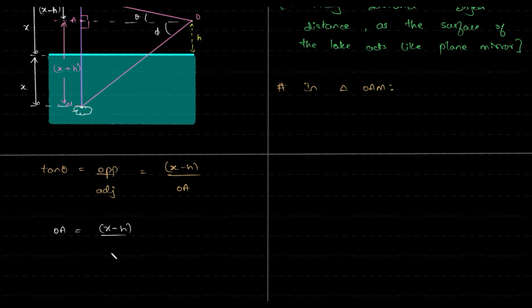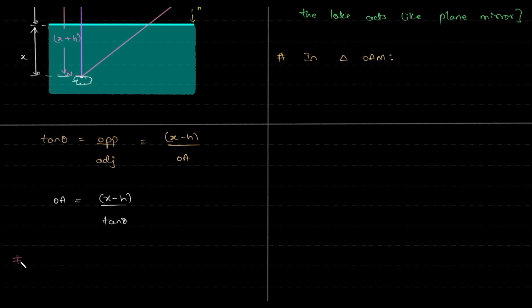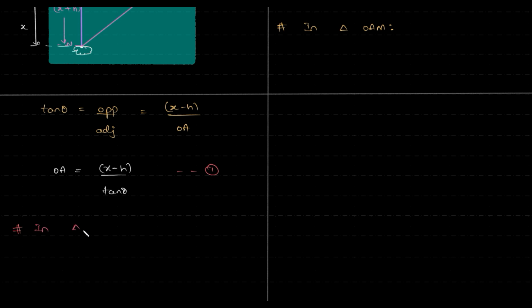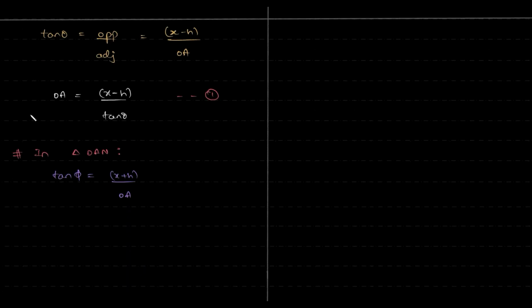So here I got OA. From the other triangle also I'll get an expression for OA because OA is common in both the triangles. In triangle OAN, we have tan of phi is equal to opposite by OA. So therefore OA is equal to x plus h by tan phi. You solve it and you'll get the answer.